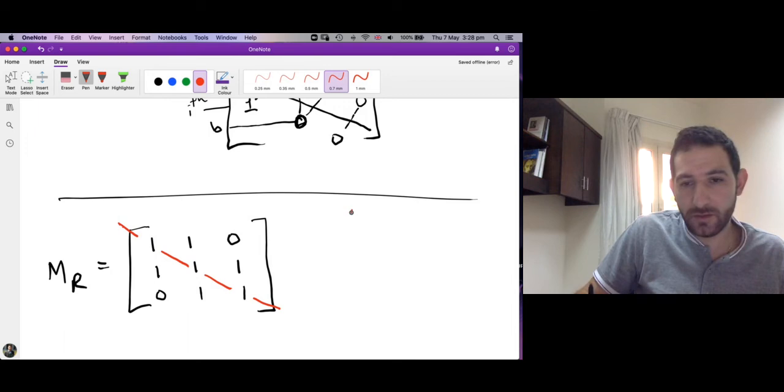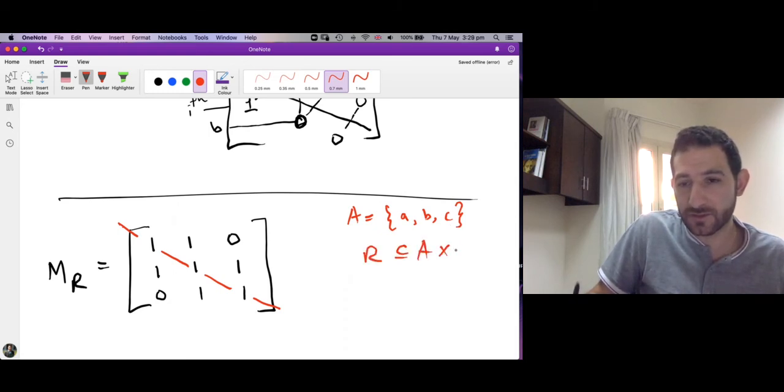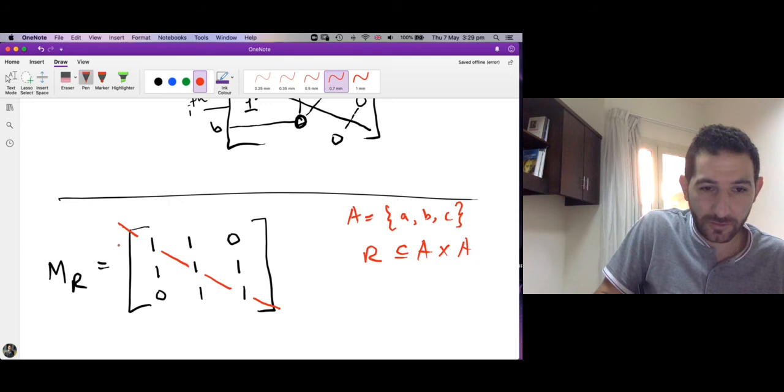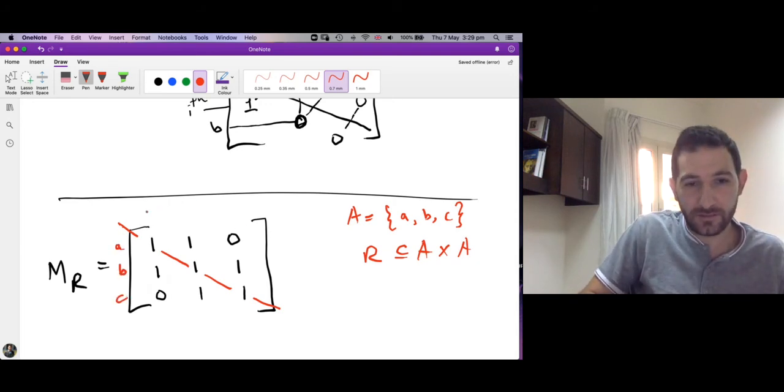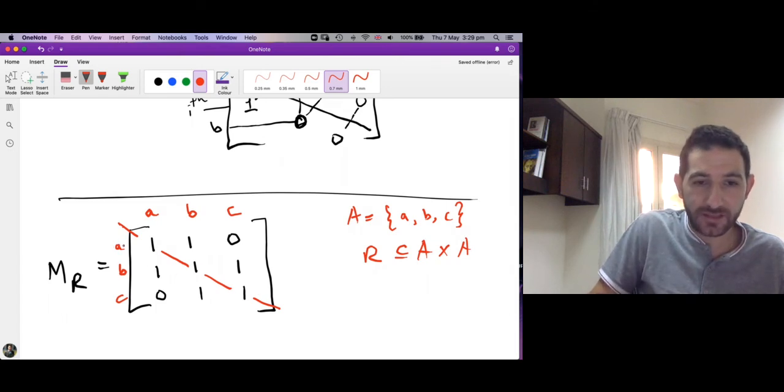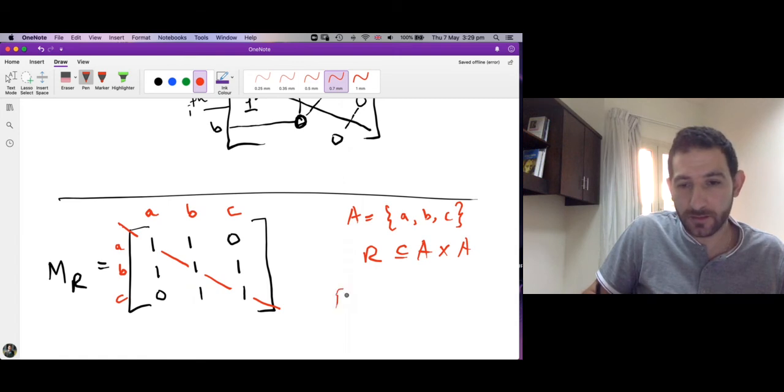Here you can think of any set of 3 elements, say A, B, C, and R is a relation on A, so it's a subset of A cross A. The first row represents A, the second B, the third C, and the first column represents A, B, and C. Since the main diagonal is all ones, A is related to A, B is related to B, C is related to C. So we know that this relation is reflexive.